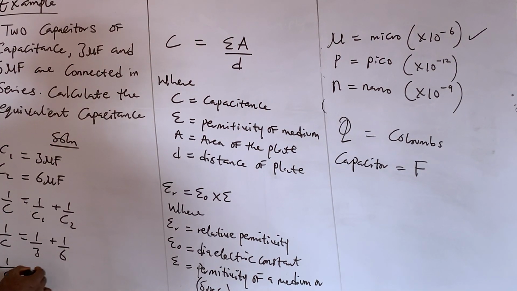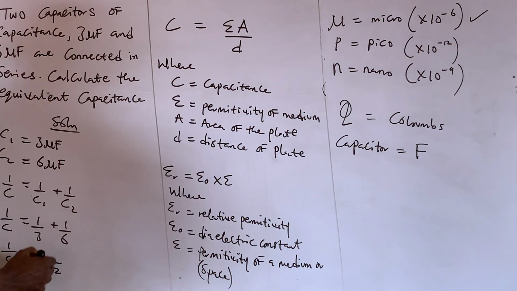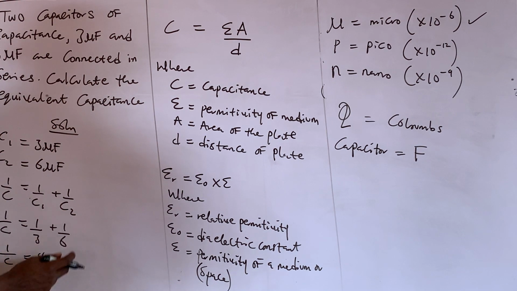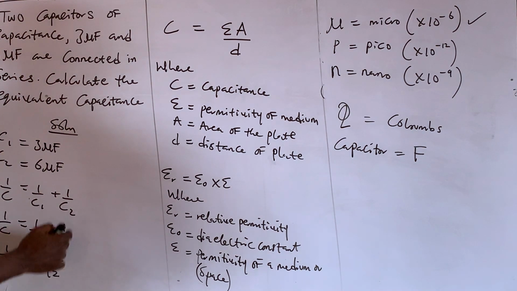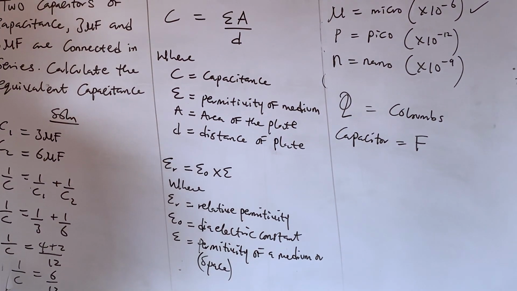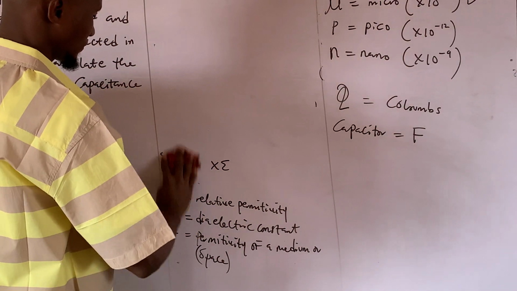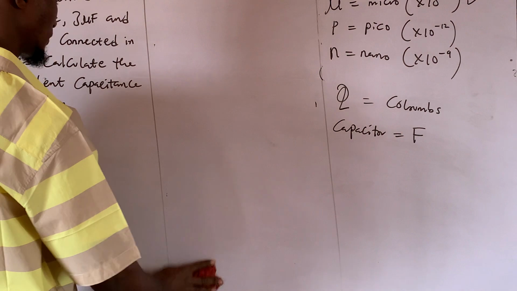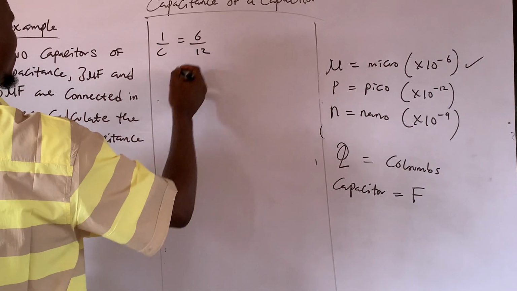1 over C, LCM is what? 12. 12 divided by 3 will give us 4, right? 12 divided by 6 will give us 2. Two times 1, 2. 4 times 1, 4. So 1 over C is equal to 6 over 12. 1 over C equals to 6 over 12.